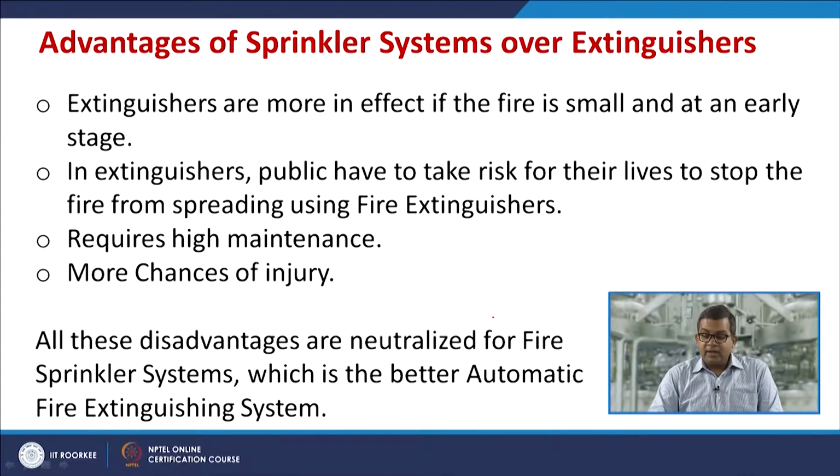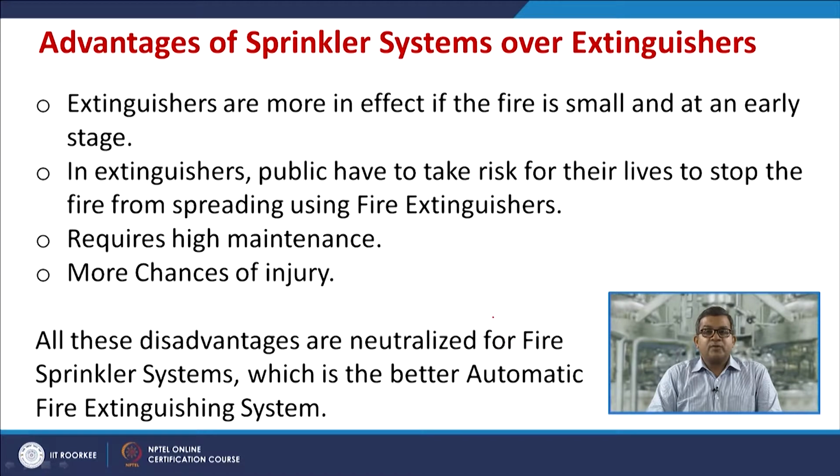Now, there are certain advantages associated with the sprinkler system over extinguishers. Although extinguishers are more effective if the fire is small and at an early stage, so they are very much popular. With extinguishers, the public have to risk their lives to stop the fire from spreading.